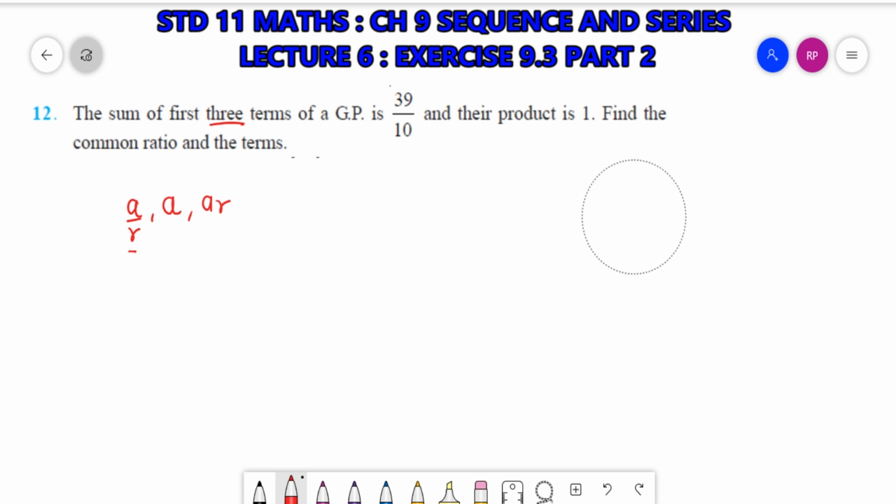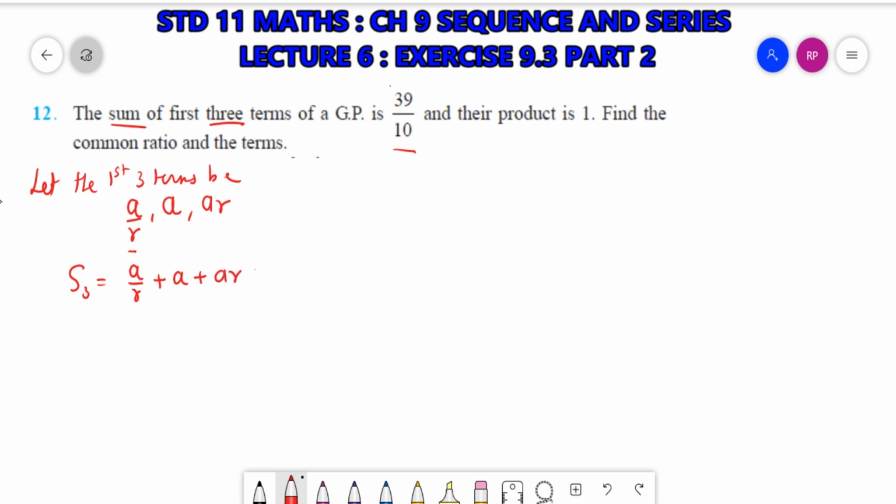So at present we are taking 3 terms. So let the first 3 terms be this. Now our role is to find out the value of A and R, and then we will find out this geometric progression. Now it's given that the sum is 39 by 10, means S3 will be equal to A by R plus A plus AR.